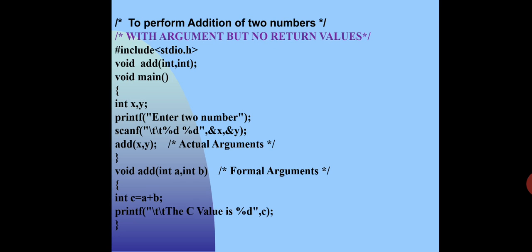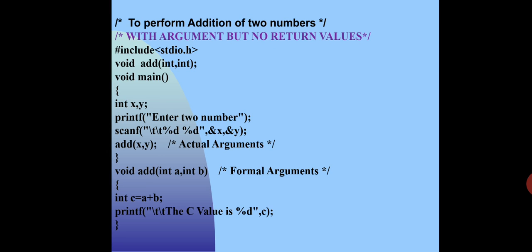We can see printf enter two numbers. Then from there itself, we are scanning two numbers x and y. Then that x and y are passed as parameters of the function add of.